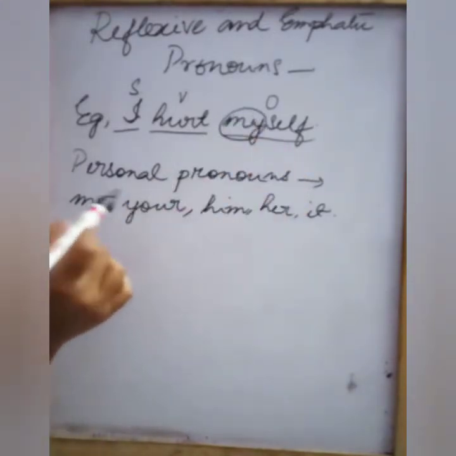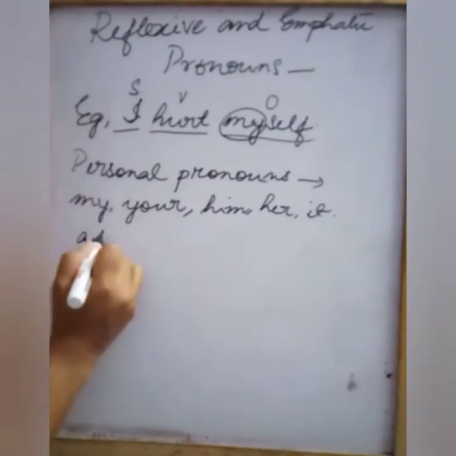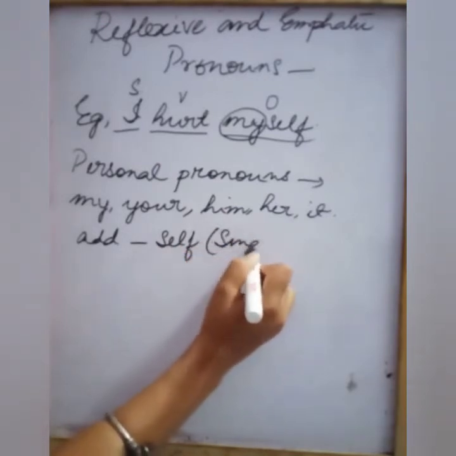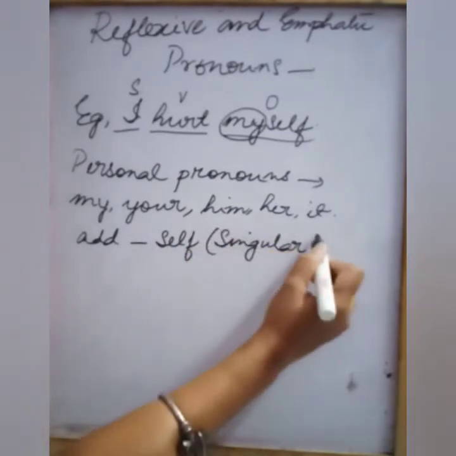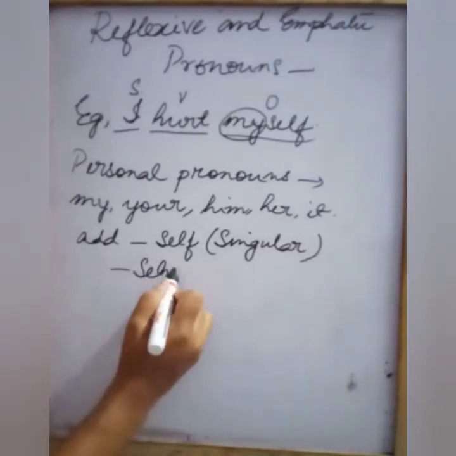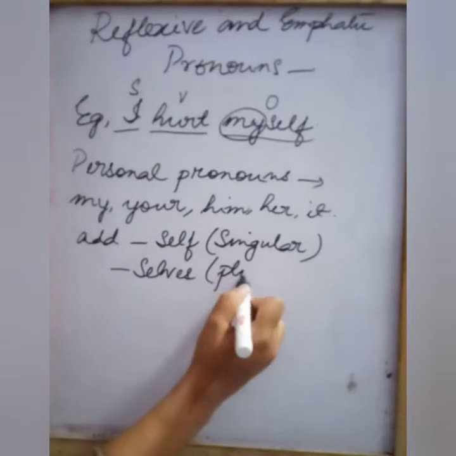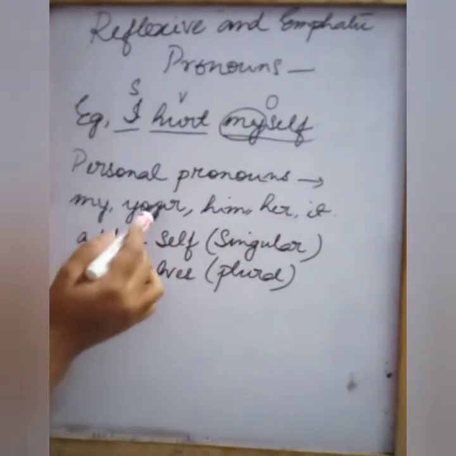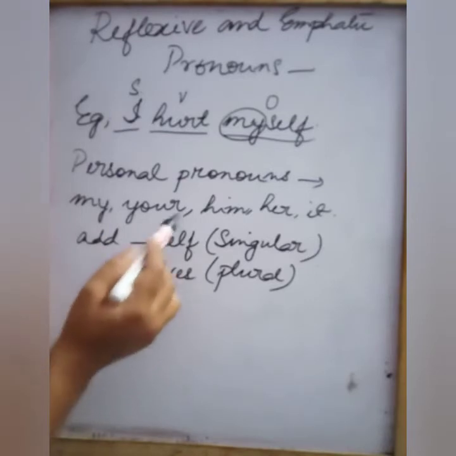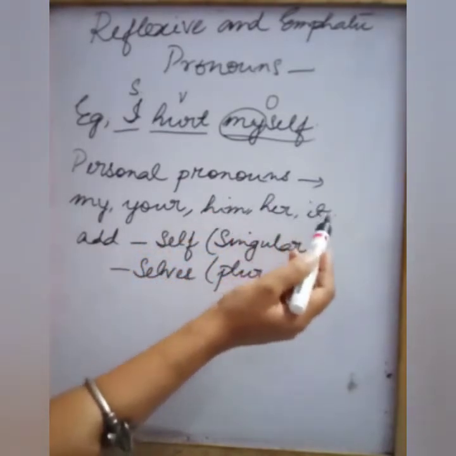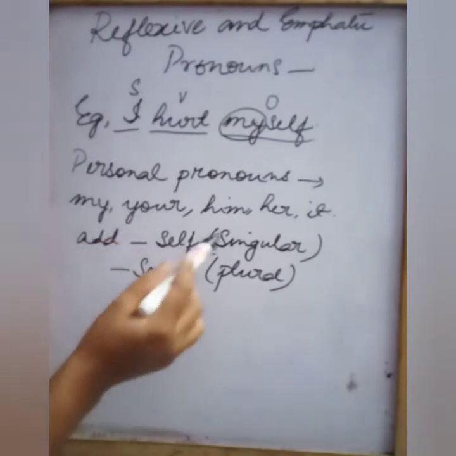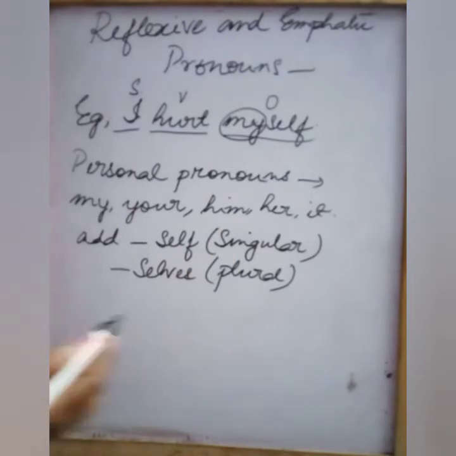With this, when we add what? We add self when it is singular, or selves when it is plural. So when we add self to my, it became myself. When you add to your, it becomes yourself. Similarly, himself, herself, itself, or if we go on adding selves, so yourselves, themselves, etc. When in case of plural.